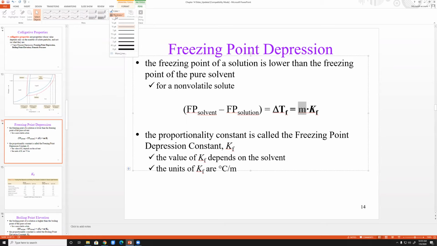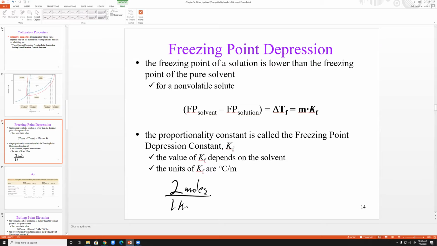Sorry, hold on. I'm going to get my pen so we can do this. All right, so we have a 2 molality solution. So 2 moles per 1 kilogram of H2O, and there's going to be 2 moles of NaCl. What is the freezing point of this solution?